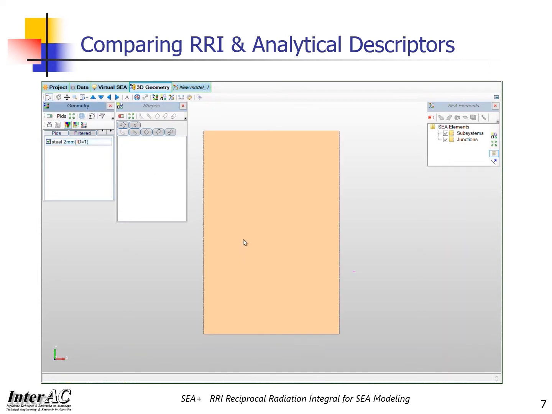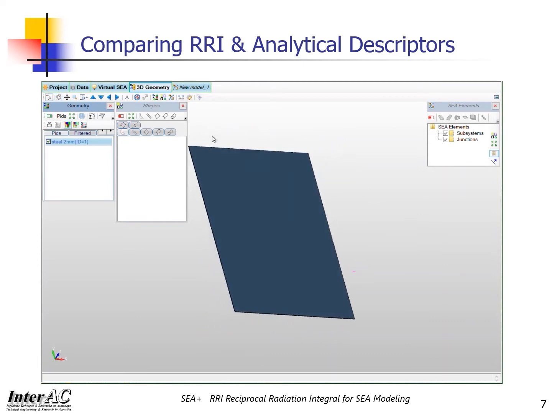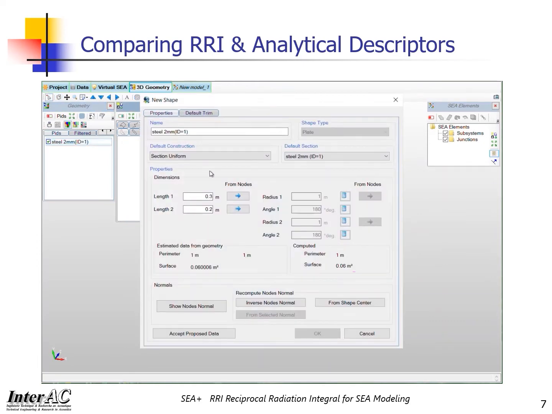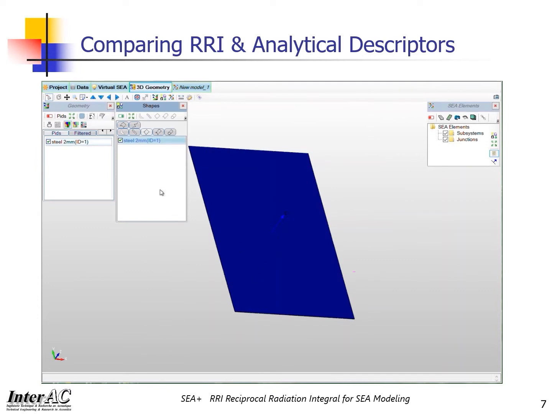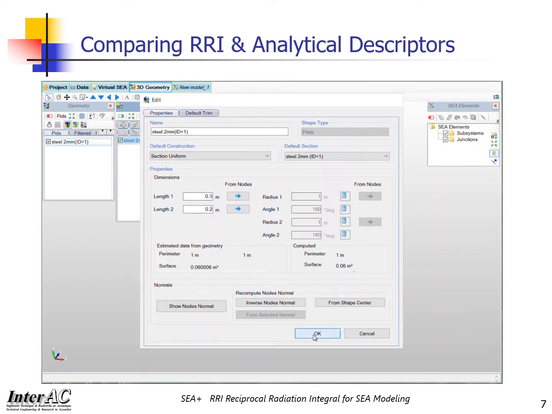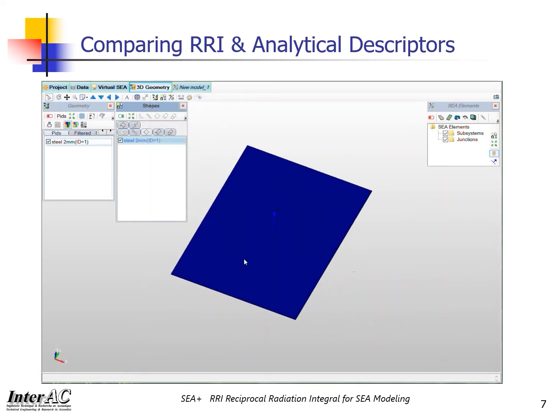So we need to first create the shape: click on the plate, then click here, and automatically the section is allocated to the shape. Then I accept the data, click OK, and from that I have a shape I can edit from here that contains the information required to create a subsystem.